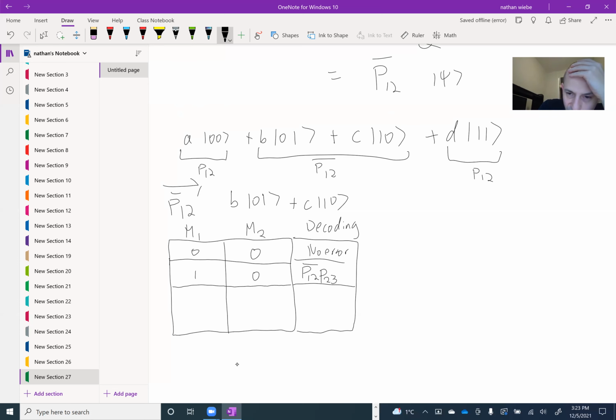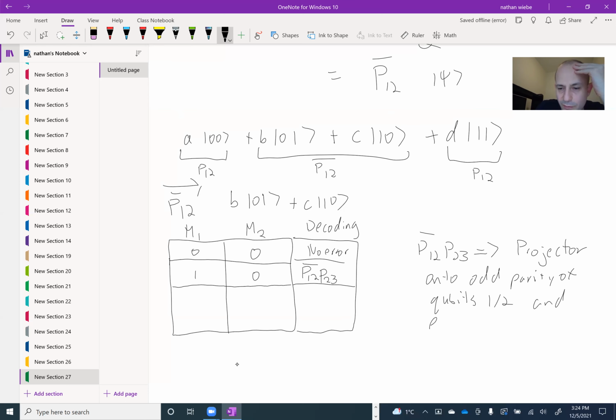This means P12 bar P23 implies the projector onto odd parity of qubits 1 and 2, and even for qubits 2 and 3 applied.